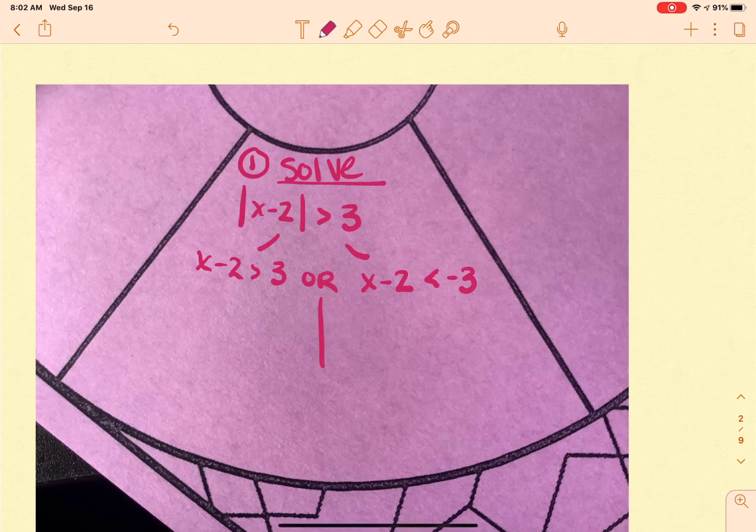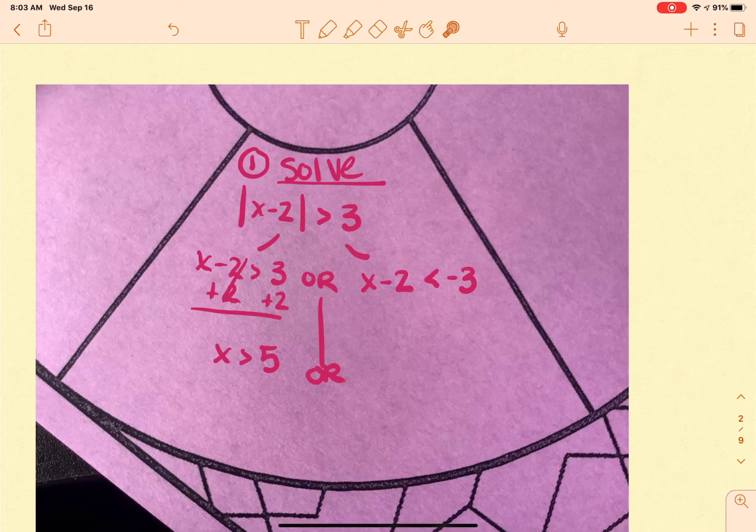And now I'm going to solve it just like I did in the other ones. If I start out here to get x alone, the opposite of subtracting 2 is adding 2. So I have x is greater than 5, and I'm going to bring my OR down.